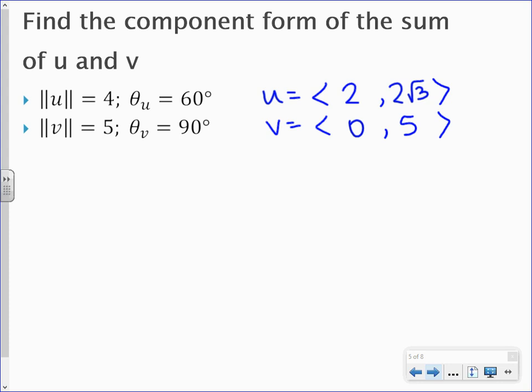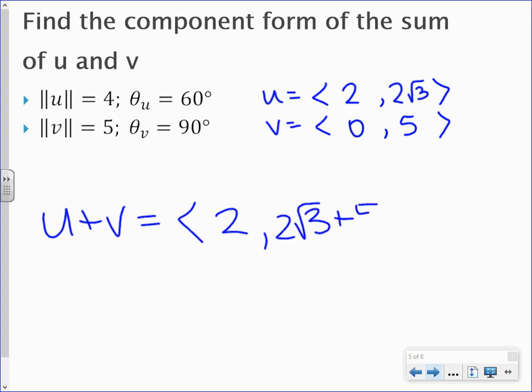Okay, we have our individual vectors in component form. Now we can find u plus v. 2 plus 0 and 2 radical 3 plus 5. Okay, we can't actually add those two numbers together because one's irrational and one is rational. So we just have to write it as 2 radical 3 plus 5, but that's okay.